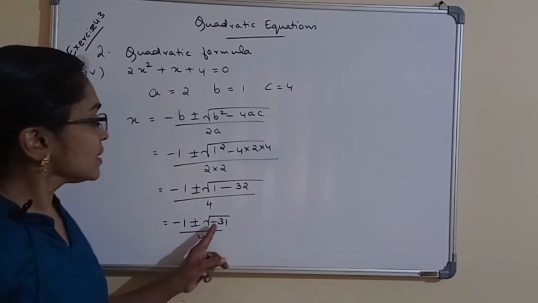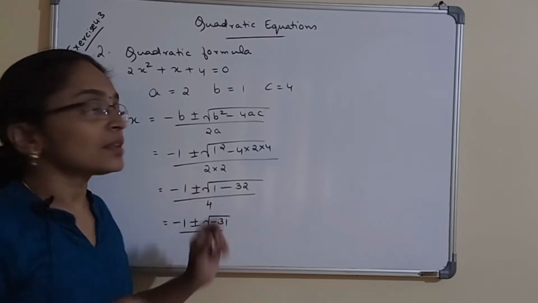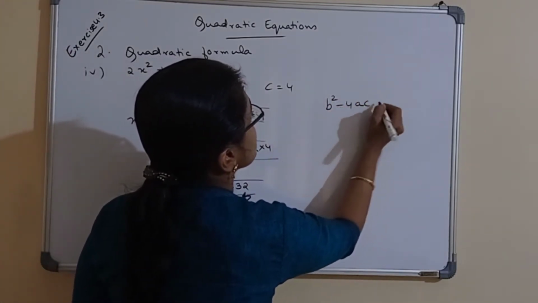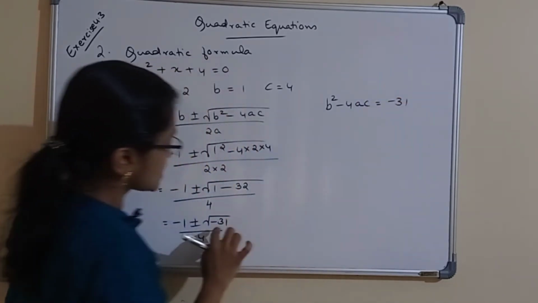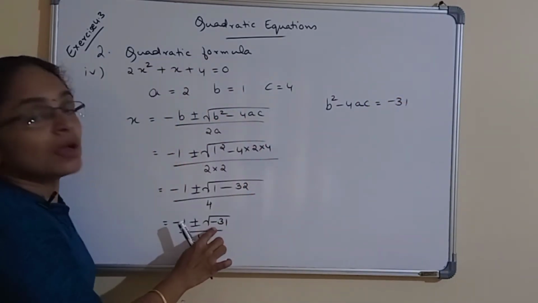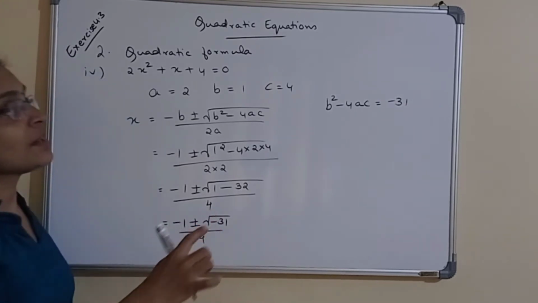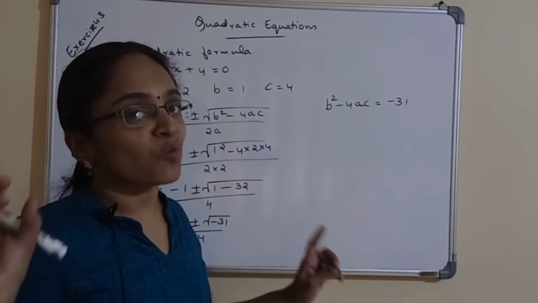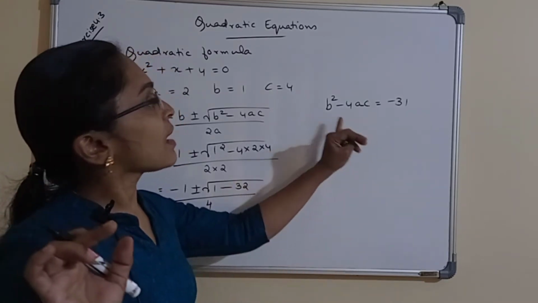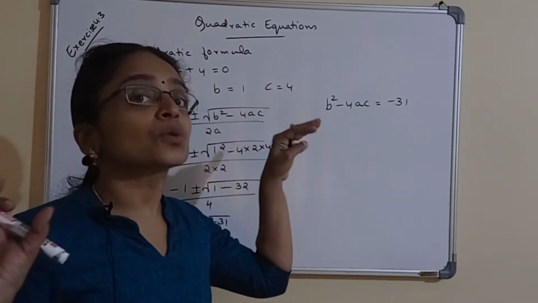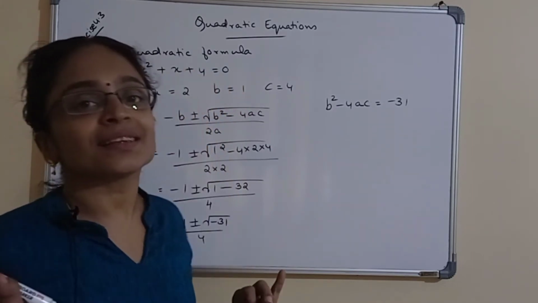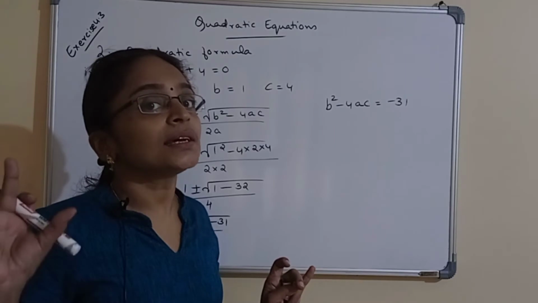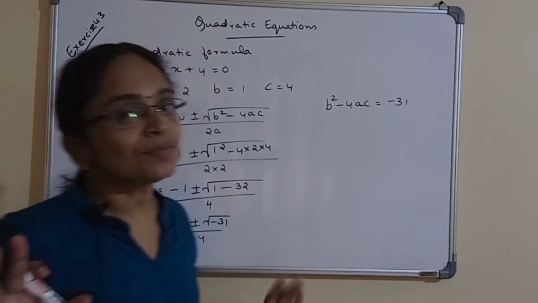And here under the root, we have b square minus 4ac as minus 31, which is a negative number. And if b square minus 4ac is negative, it means that there are no real roots for this quadratic equation. So, this equation doesn't have any real root. Understood?